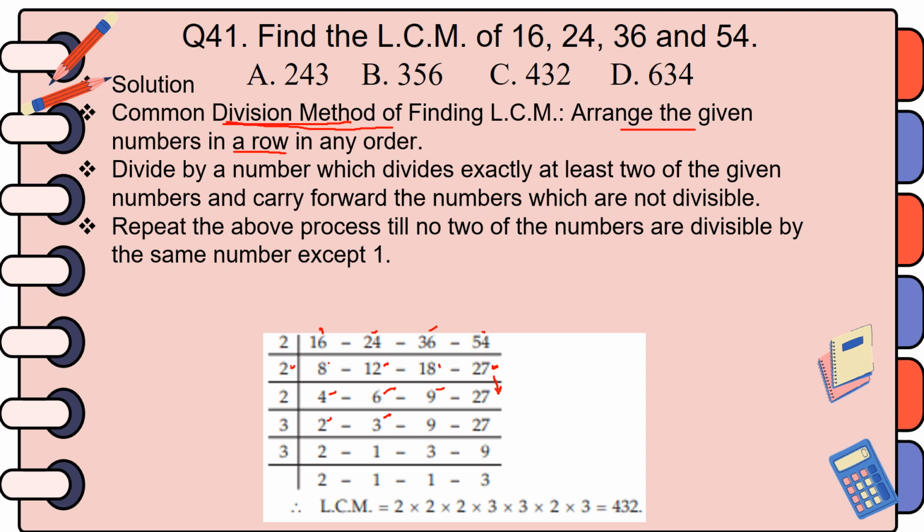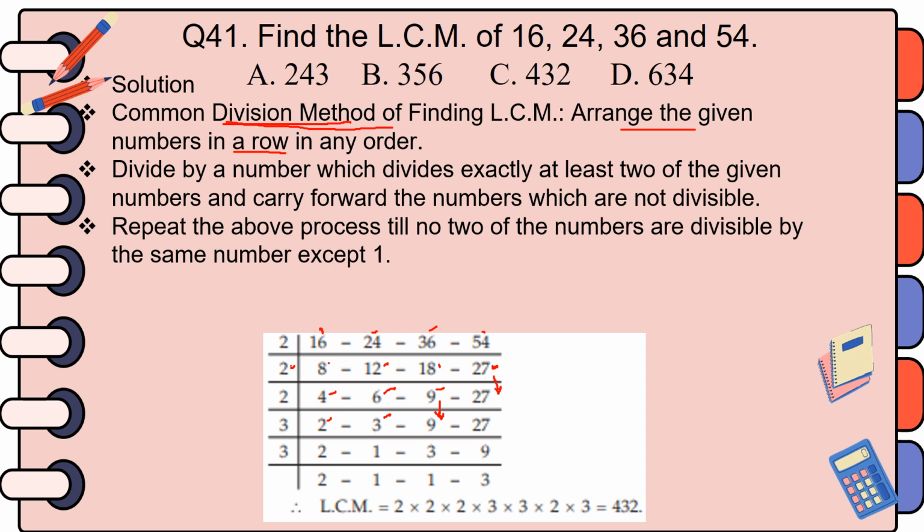Okay, now divide 9 by 2. Is it divisible? No. So what you have to do is simply take 9 to the next stage without any change to the number. Simply forward it. Again, 27.